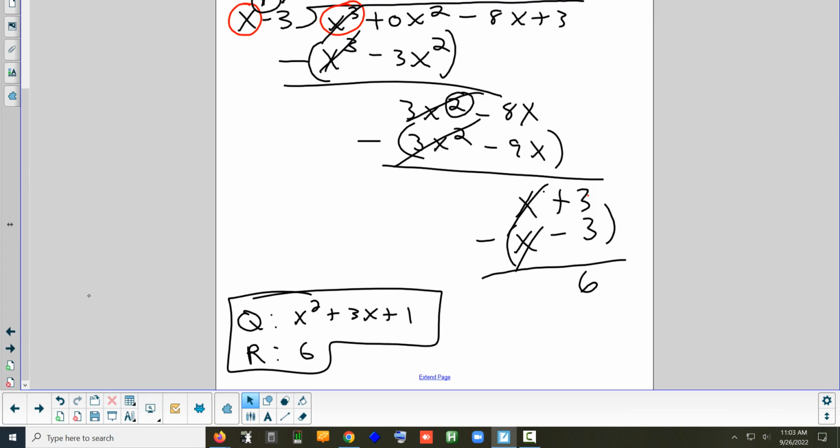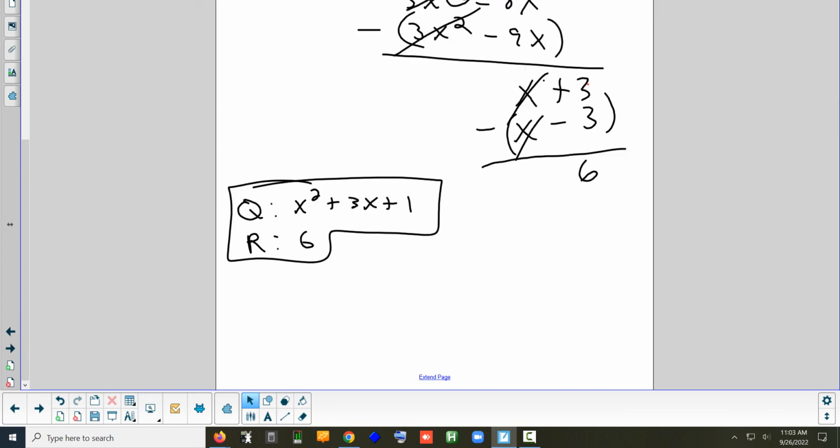So when we're looking at the quotient and the remainder, that's one way you can write the answer. Here's another one. And this way comes from just thinking about numbers. If I took, say, 17, and I divided by, let's say, 5.